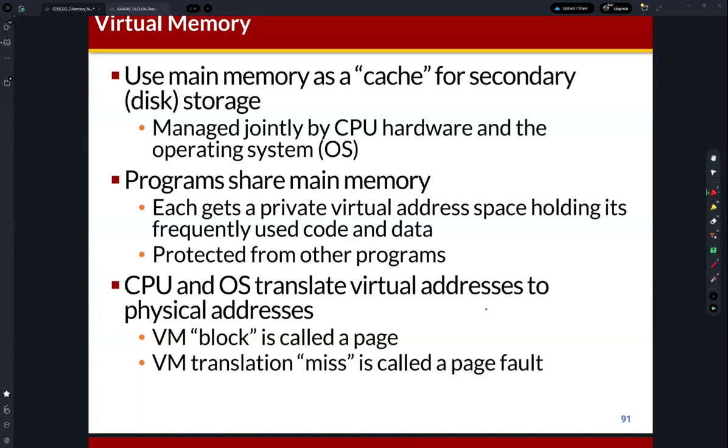The original idea is that you can use the main memory as a cache for storage.